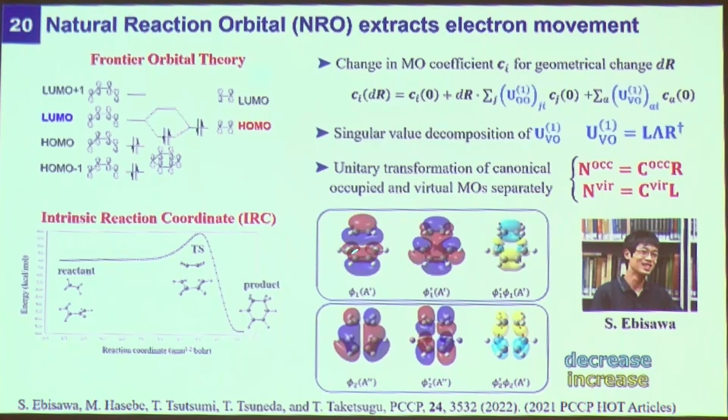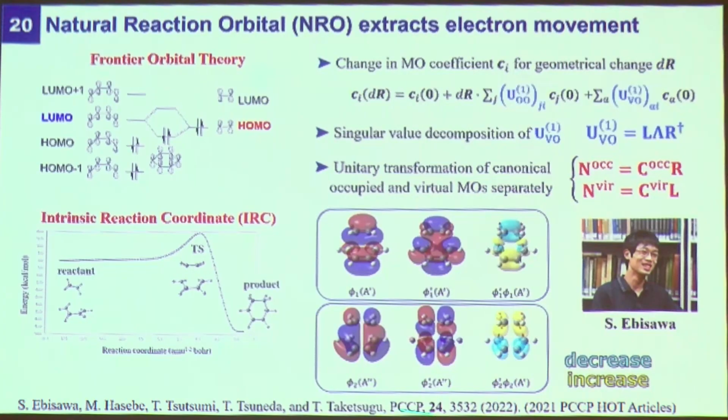The first one is this, and by multiplying this occupied and virtual natural reaction orbital, we get this picture. So this picture indicates electron flow. In this color, electron decreases, and in yellow, electron increases. So electrons move from the ethylene double bond region to the butadiene single bond region.